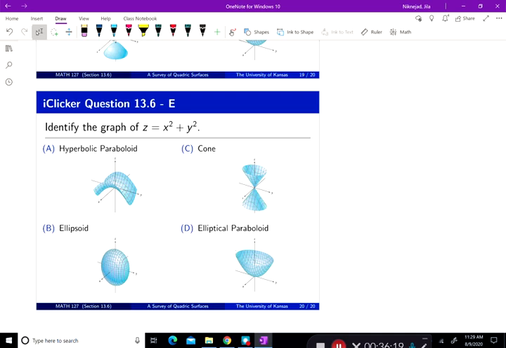In this case, I see that not all of the variables are to the power 2; one of them is to the power 1, and I will end up with a bunch of parabolas, and for z less than 0, we cannot solve the equation. So this is going to be an elliptical paraboloid.